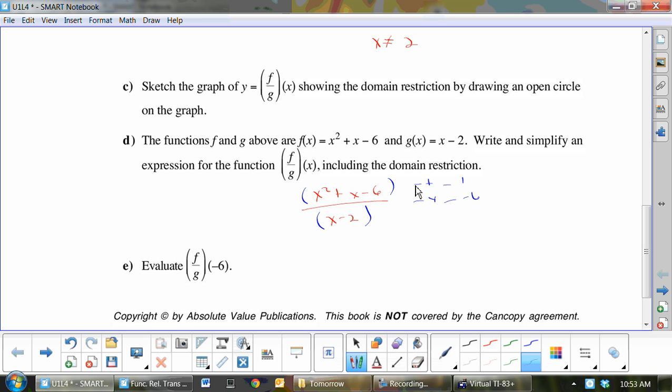So this turns out to be x plus 3 times x minus 2, all over x minus 2. Now, does it make sense that x plus 3 is the answer? So f over g. But here's the kicker. You must say this right after: x cannot equal 2.